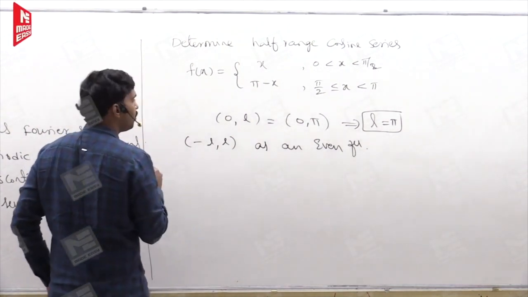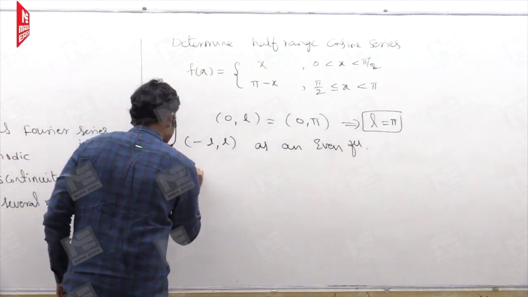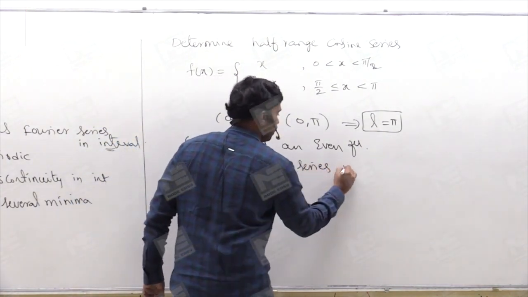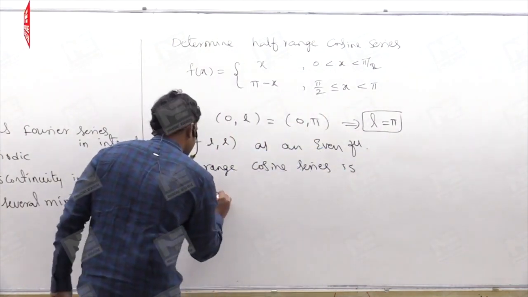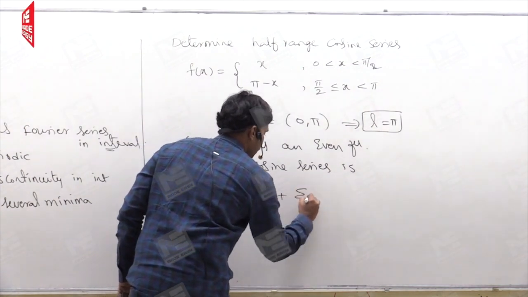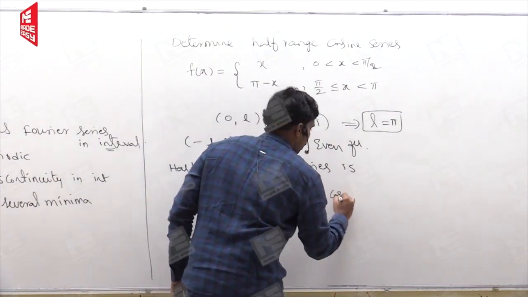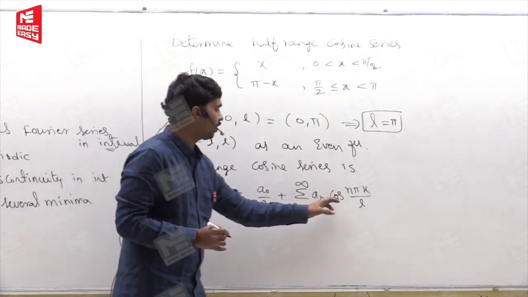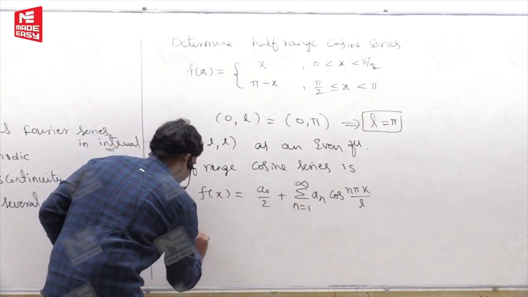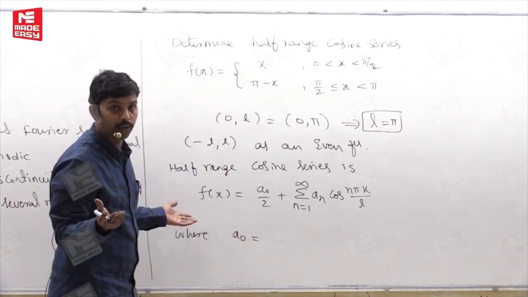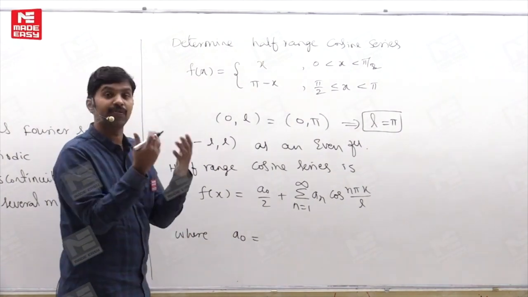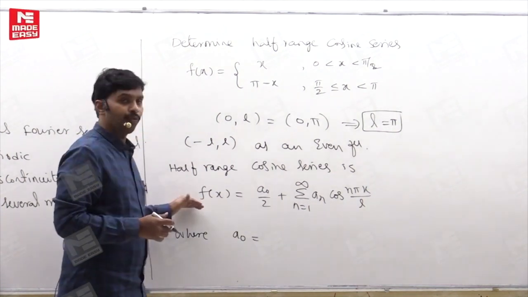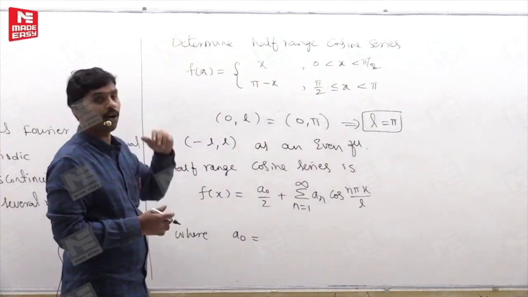Now, the half range cosine series is f of x equal to a naught by 2 plus summation n is equal to 1 to infinity a n cos n pi x by L, where we are treating f of x as an even function in the interval minus L to L. So we extend it as an even function and write its Fourier series as the half range cosine series.